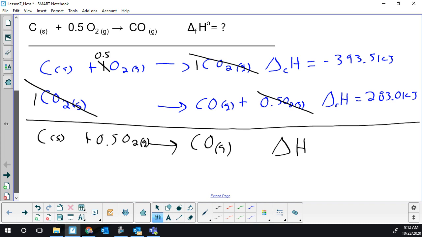Now this bottom reaction is something with oxygen, so I am going to put that little C. I'm using it for combustion in general, not just hydrocarbon combustion. You add those two together, this plus that, and you get negative 110.5 kilojoules.